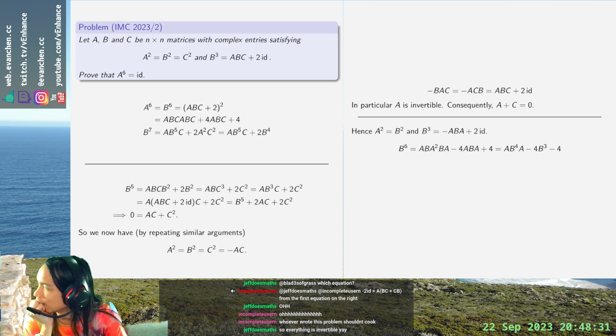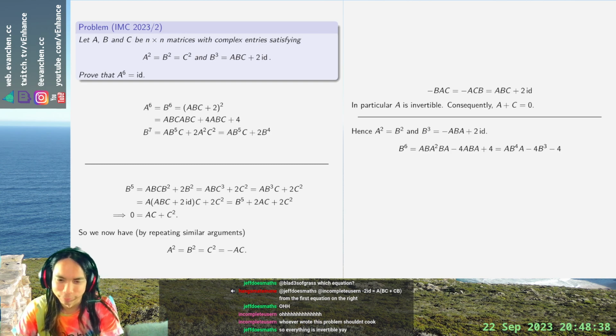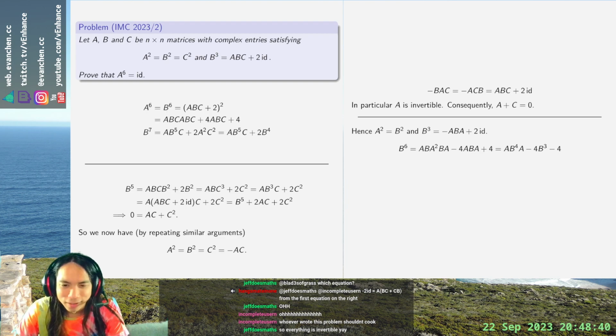Okay, and ABA to the 4 is actually equal to B to the 6, right? So despite the fact I was trying to get b to the 6, the b to the 6 actually cancels and gives b cubed equals 1, which means I definitely made a sign error somewhere.